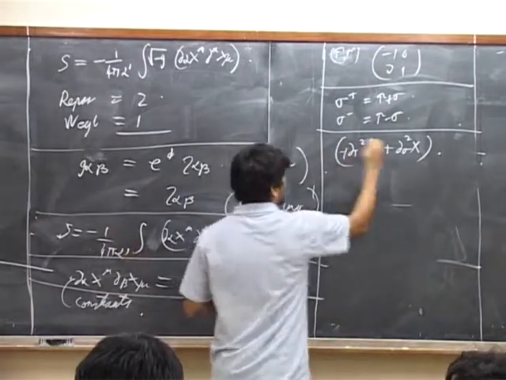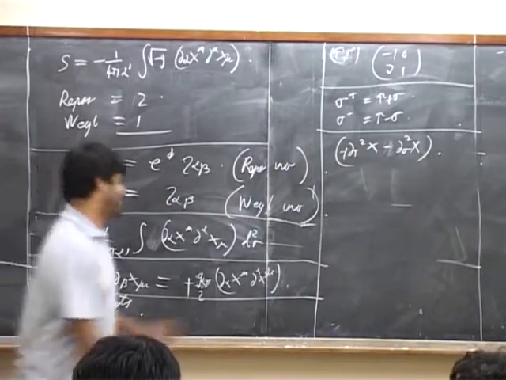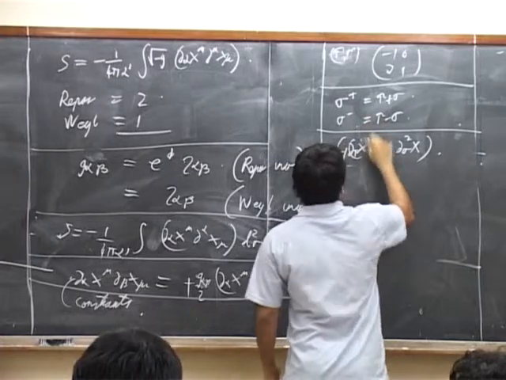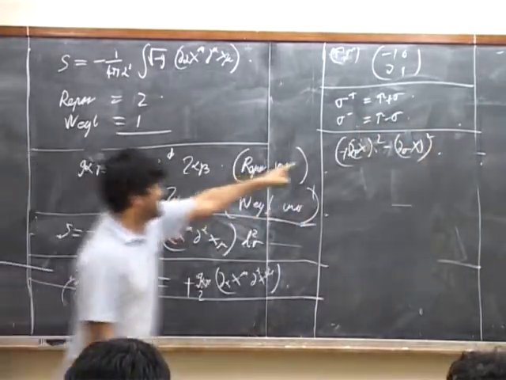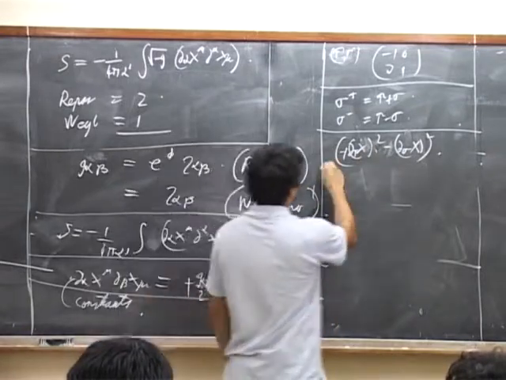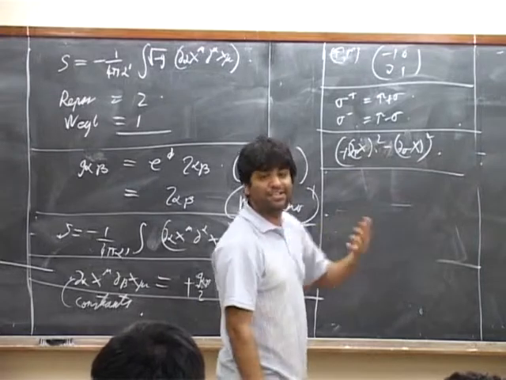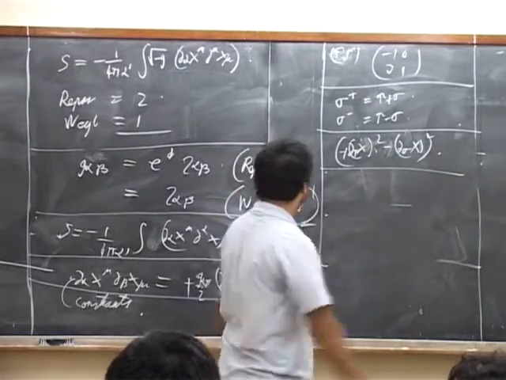But there was a minus sign, so this is plus and minus. Okay, and now let's rewrite this into, let's see if we can find a simple expression in terms of plus and minus derivatives of x that gives us the same thing.